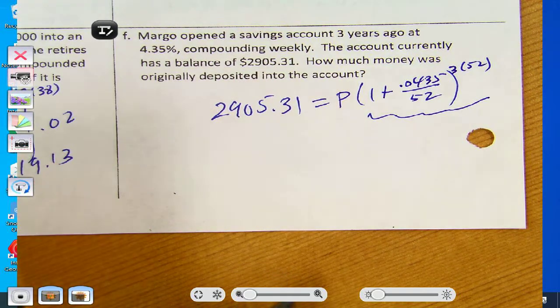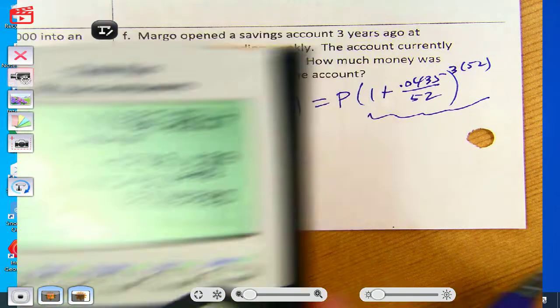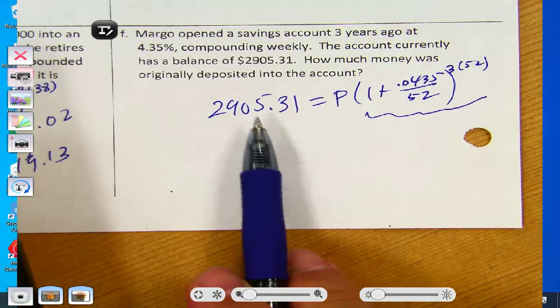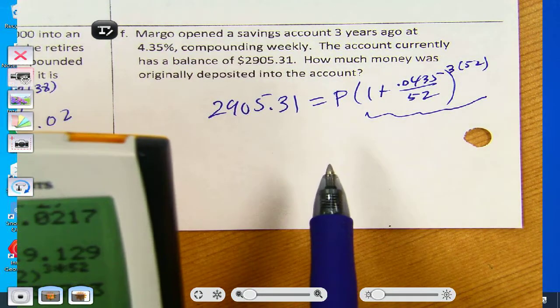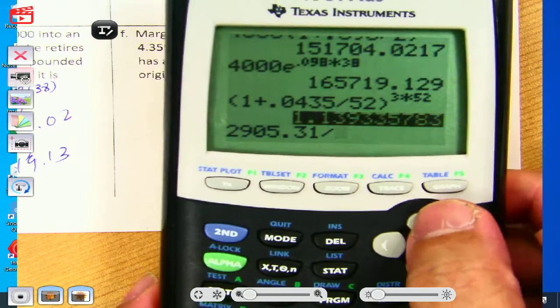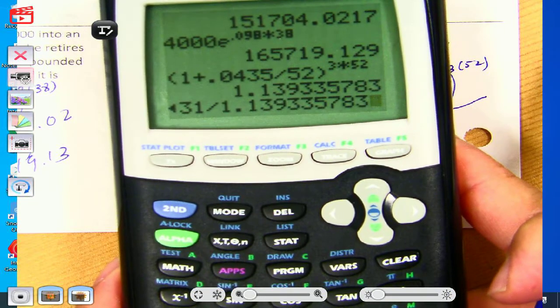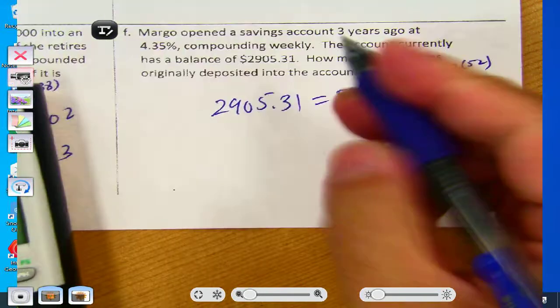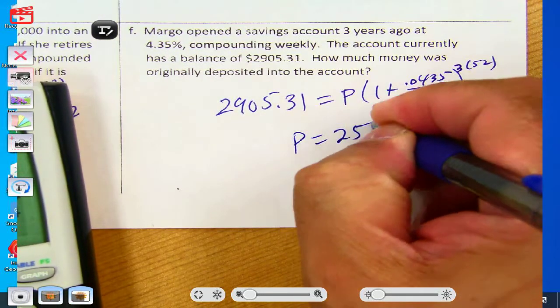So I'm going to put in 2905.31, divided by the answer from the calculator, and it gives me $2,550. So that means P is $2,550.